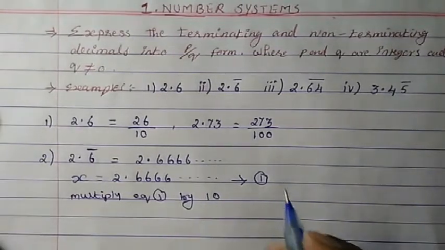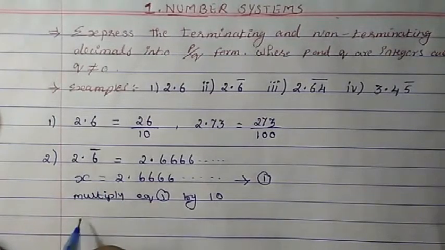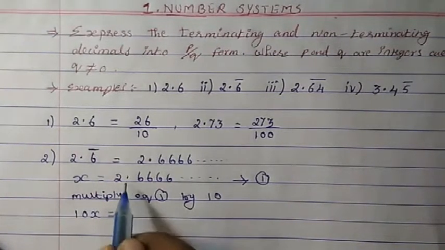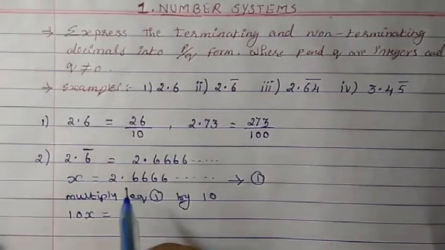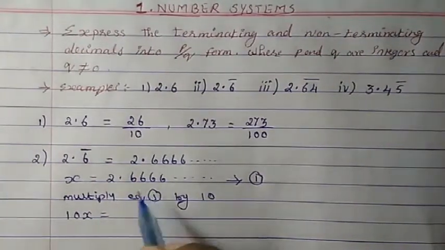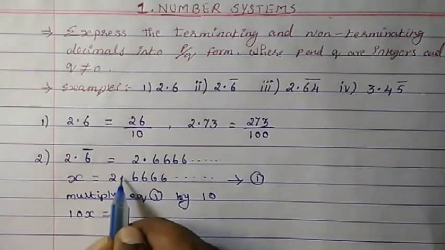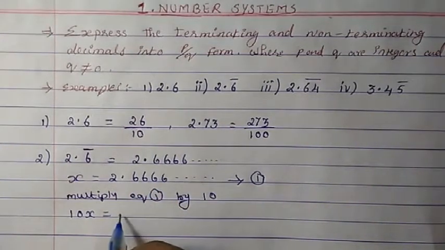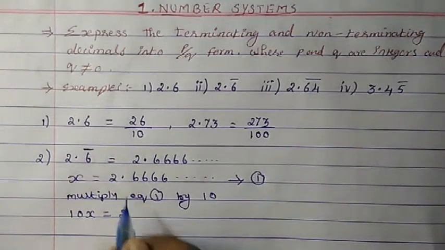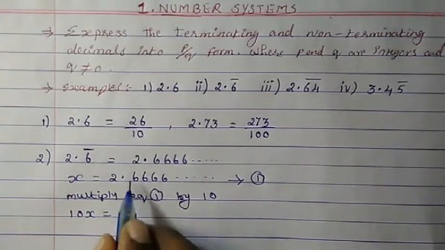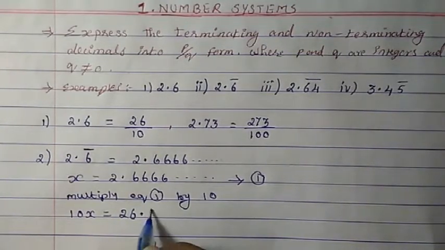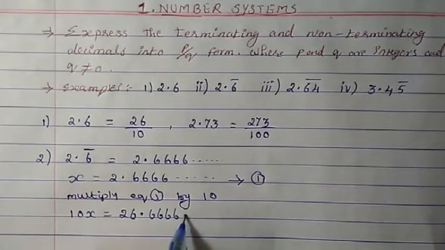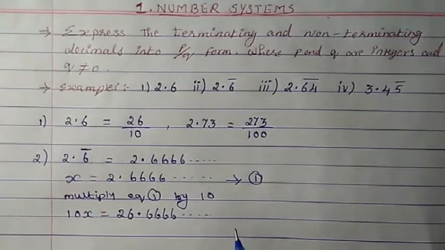If we multiply, we get 10x, and all you have to remember is don't start multiplying it out. Just shift the decimal by one digit. So 2 and 6 will come inside, then put the decimal here, and then the 6 keeps repeating.